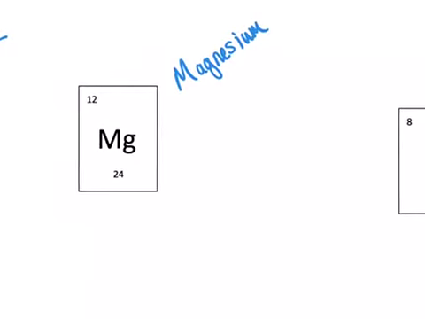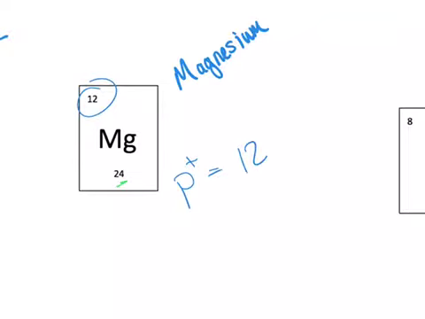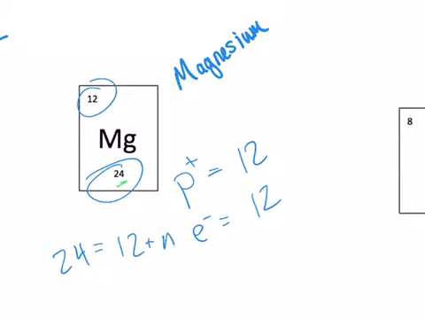Moving on to magnesium, a fairly small element as well. Our protons equal 12. Our electrons equal 12. And our atomic mass is 24, equals 12 plus our neutrons.